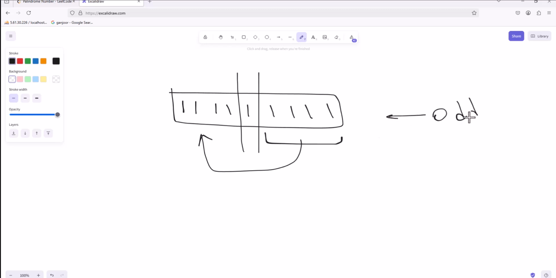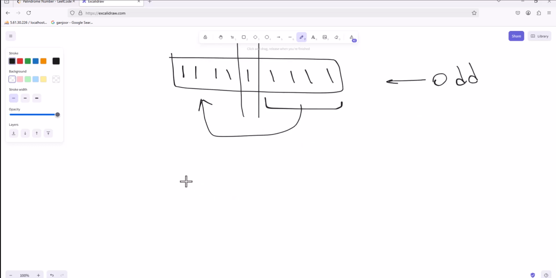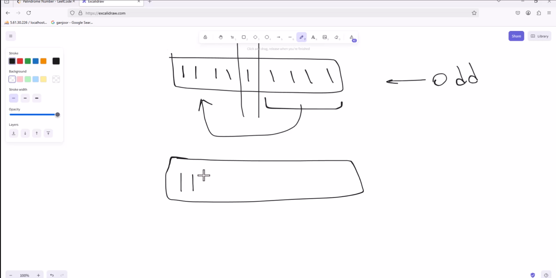In the even numbers, I mean the number of digits, when we have 8 digits, how can we compare? We just compare this with this.